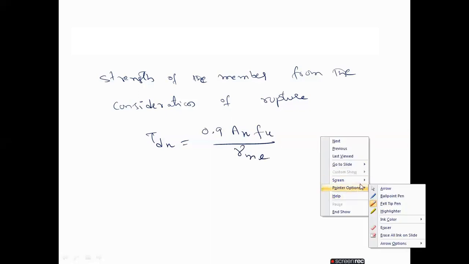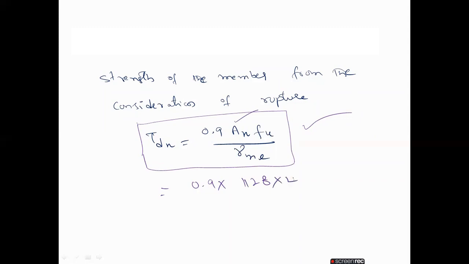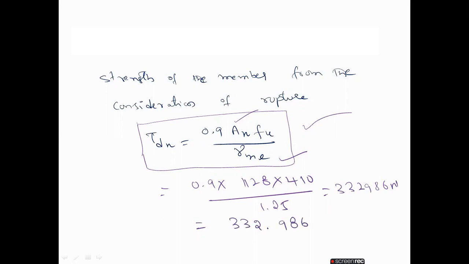My dear students, there are a number of formulas, so please look into this one. Here the An we calculated, please substitute: 0.9 into 1128 into Fu, which we know is 410, and γm1, the partial safety factor, is 1.25. So we will get the answer 332986 newtons. If I convert this into kilonewtons, the answer is 332.986 kilonewtons.